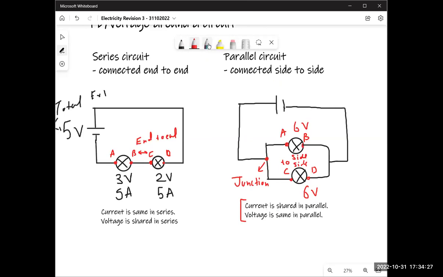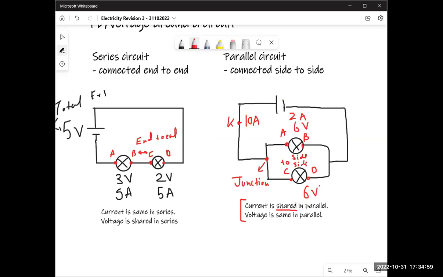Now, if I tell you that over here at this point, let's say point F or point K, the current is 10 amperes. And the current on the first one is, let's say, 2 amperes. Then what is the current on the second one? The total current is 10, and this guy has 2.